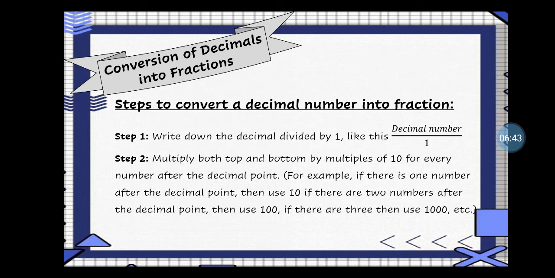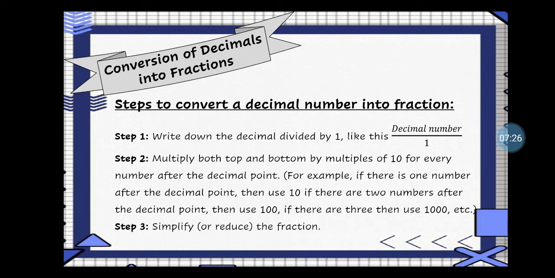In the second step, we have to multiply both numerator and denominator by the multiples of 10. Like if in the decimal number we have only one digit after the decimal point, we have to multiply numerator and denominator by 10. If after the decimal point we have two digits, then we have to multiply by 100. If after the decimal point we have three digits, then we have to multiply it with 1000 and so on.